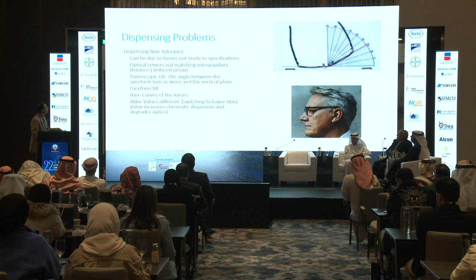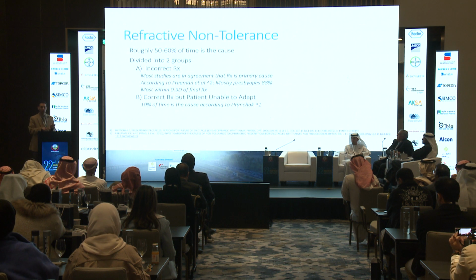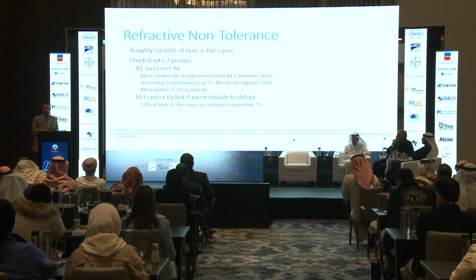So to conclude, if you have a new patient that's not tolerant of the glasses, make sure they're first made properly. If they are, most likely it's because of a large change in refractive error that they may have induced. Maybe they just had cataract surgery, and looking through their glasses they have two unequal image sizes, so they're suffering from aniseikonia.